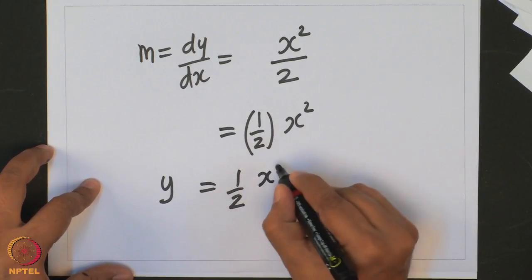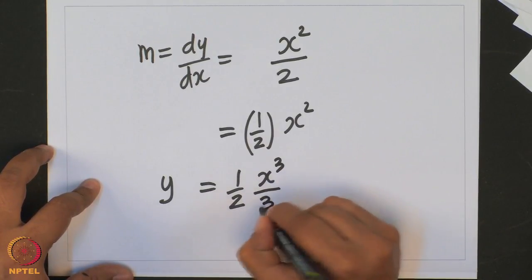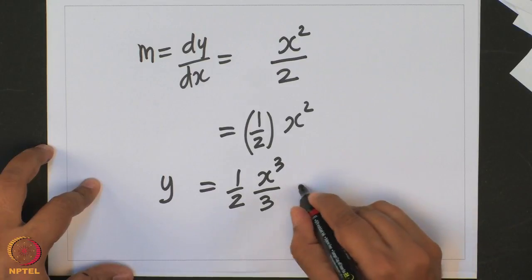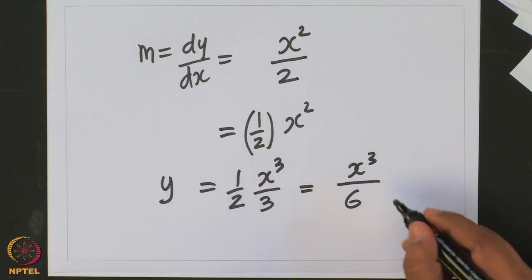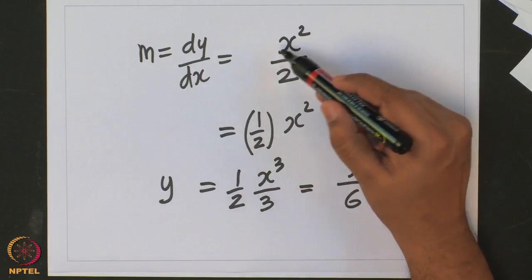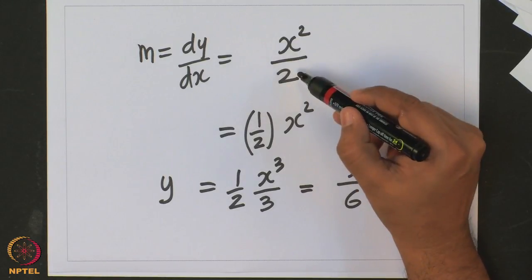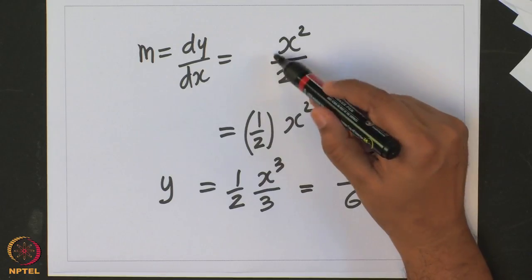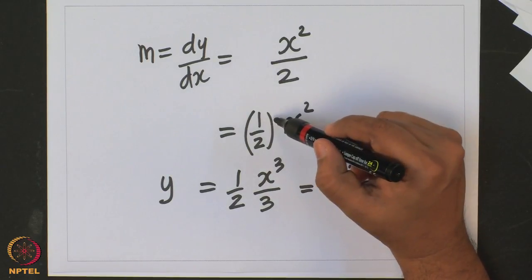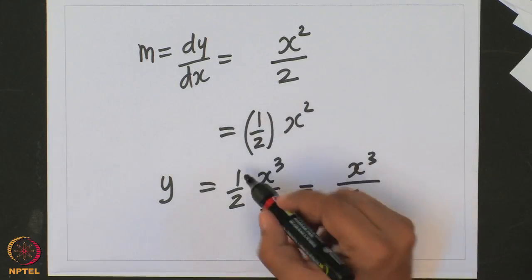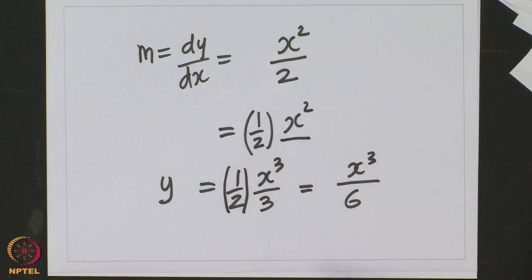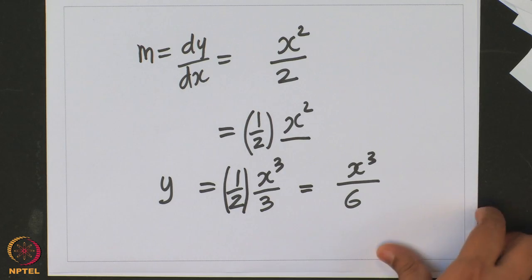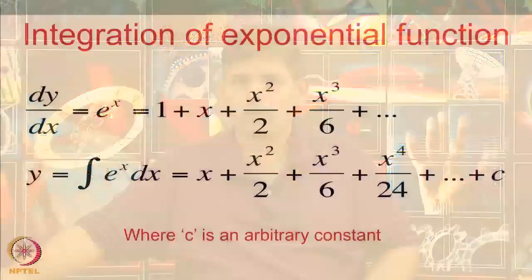X square will have an integral x cube divided by 3. So the answer will be x cube divided by 6. So remember, if we have x square divided by 2, this 1 by 2 I could take as a constant k, keep the constant k as it is and integrate just this function x square, and we would get x cube divided by 6.